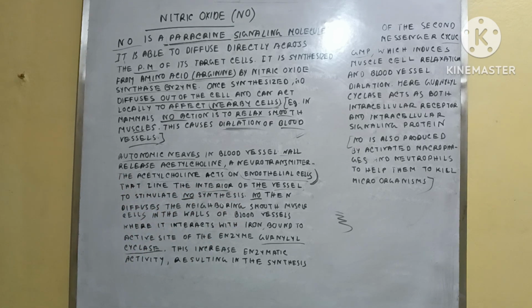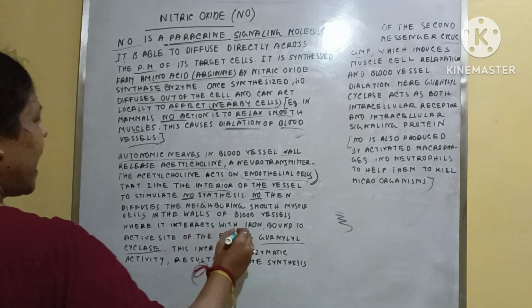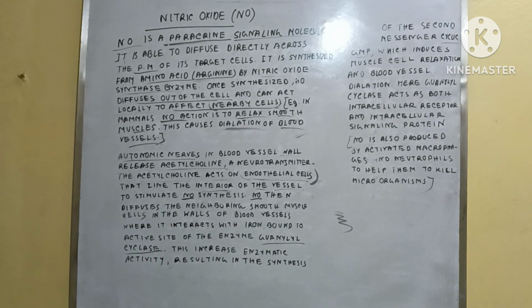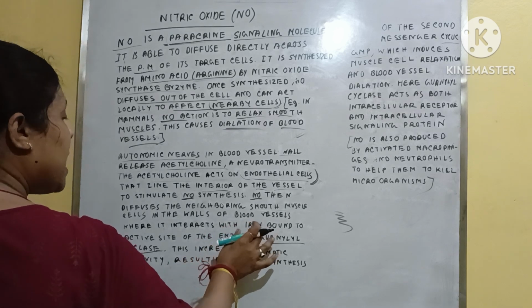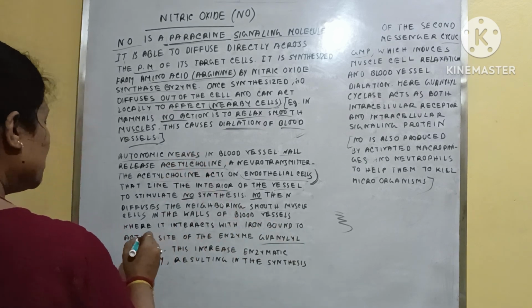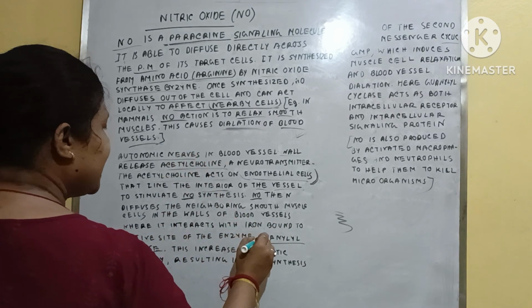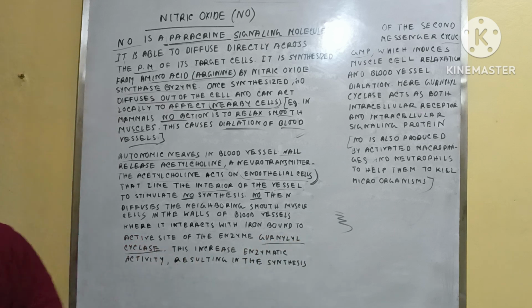Okay, and here it interacts with the iron. After secretion, this NO interacts with the iron. Which iron is this? These are the iron bound to the active site of the enzyme guanylyl cyclase. Not all iron, only those iron bound to the guanylyl cyclase.